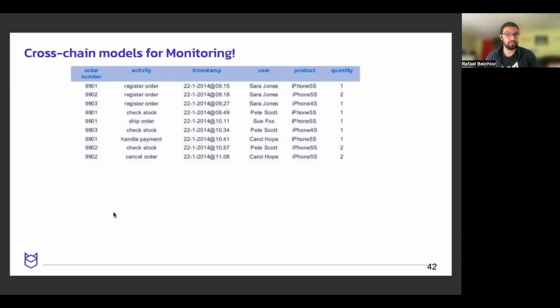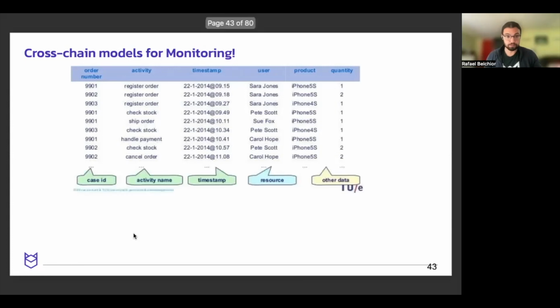The case ID is one of the most important concepts in the area of process mining, which is the scientific area that analyzes logs and constructs what we call process models for a specific process. So we have case ID, activities, timestamps, and other data.